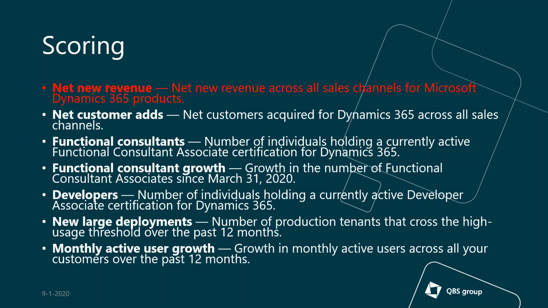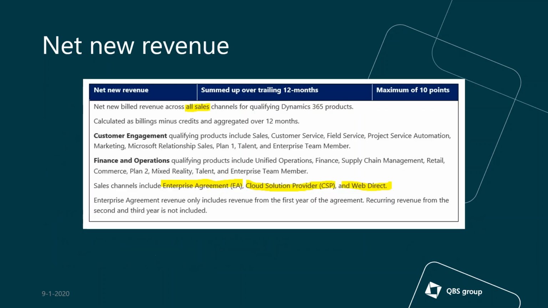But it's very important to know that on all sales channels, Microsoft has declared, in this picture you see here, all sales channels that includes enterprise agreement, CSP, and web direct. So no DPO anymore.